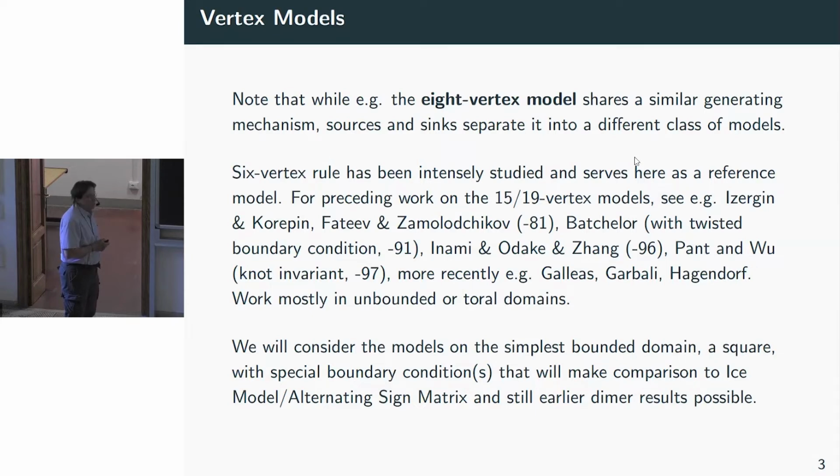I want to consider this on the simplest bounded domain, a square, just to see how much the behavior starts diverging from what is known for the 6 vertex model, to be able to compare to that, and also for alternating sign matrices and to dimer models, which have been studied on square or diamond domains.